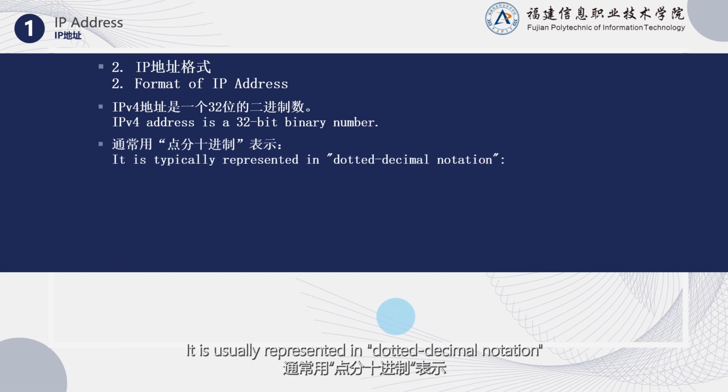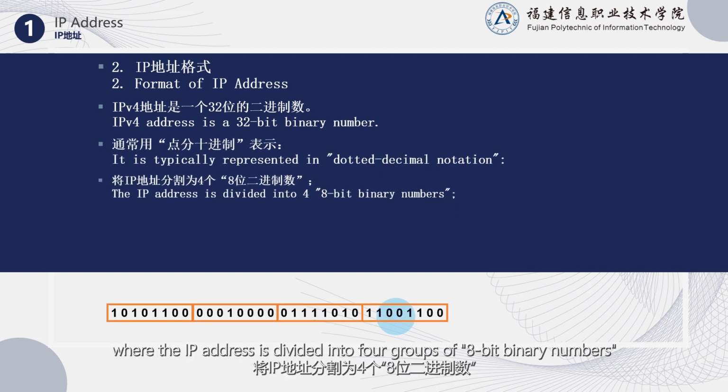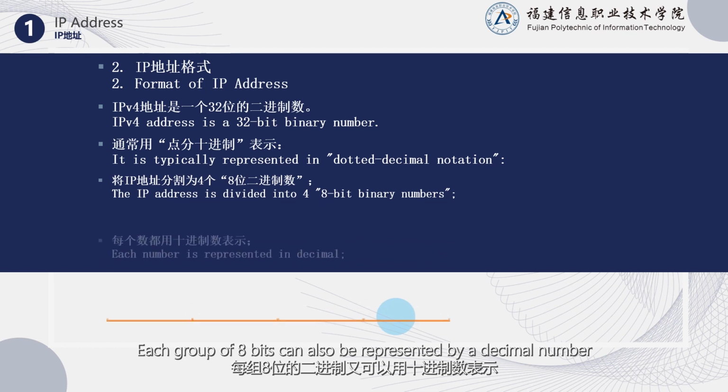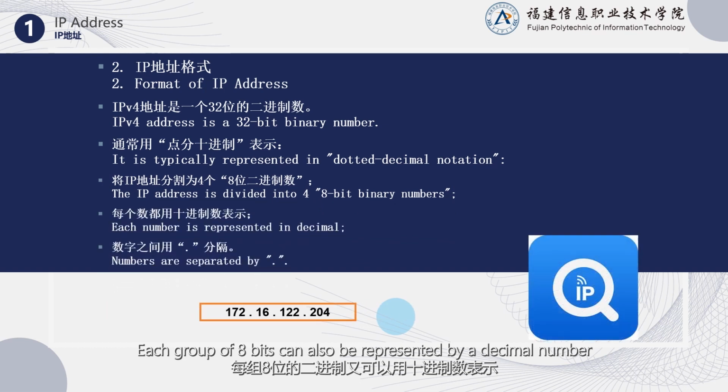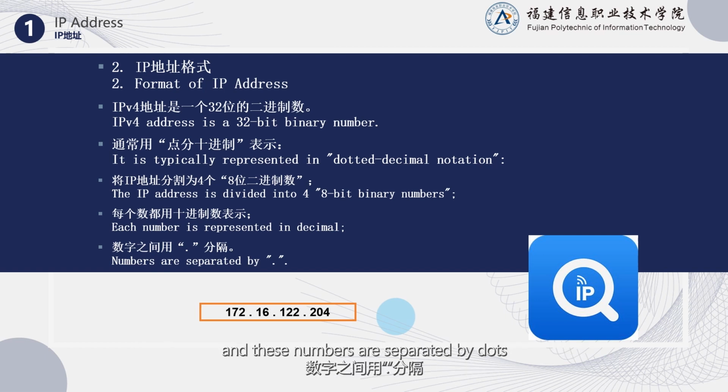It is usually represented in dotted decimal notation, where the IP address is divided into 4 groups of 8-bit binary numbers. Each group of 8 bits can also be represented by a decimal number, and these numbers are separated by dots.